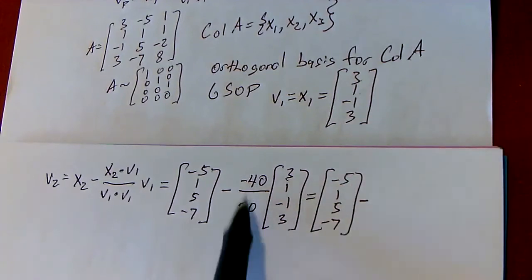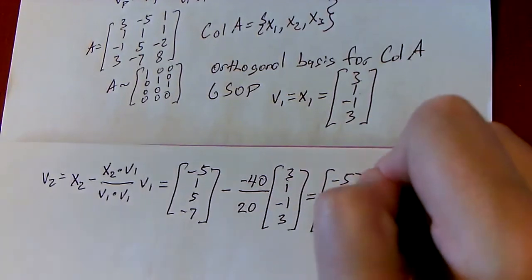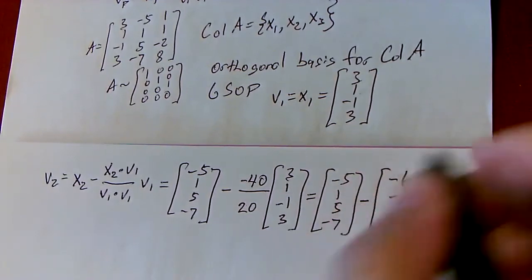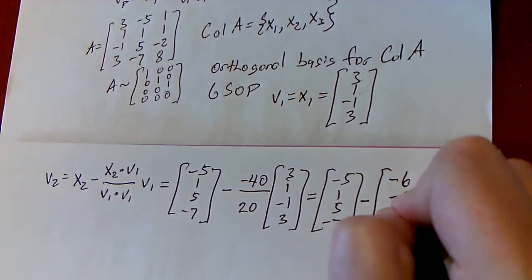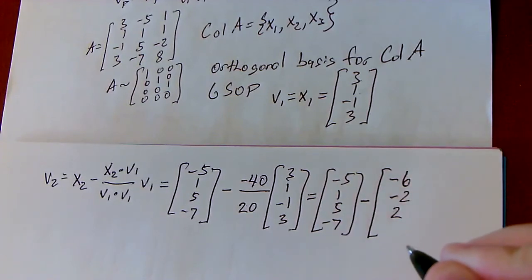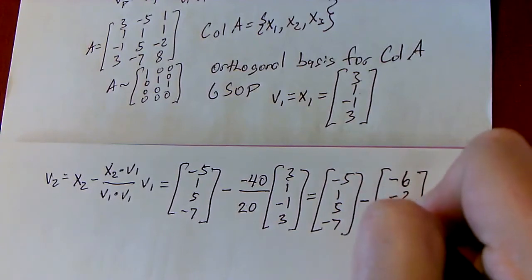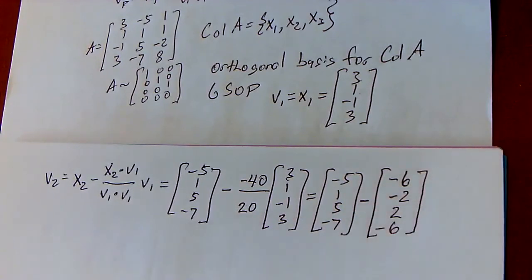This is a -2, so I'm subtracting -6, -2 times 1 is -2, -2 times -1 is +2, and -2 times 3 is -6.